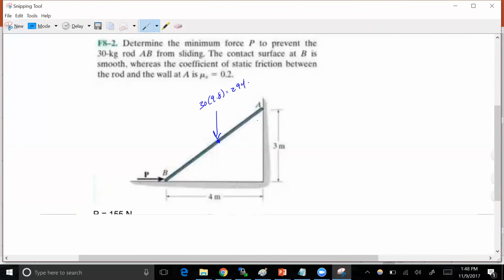Okay, at where? On the bottom at B. Well, but it says here the contact surface at B is smooth. So there's no friction force there. So how about another force?